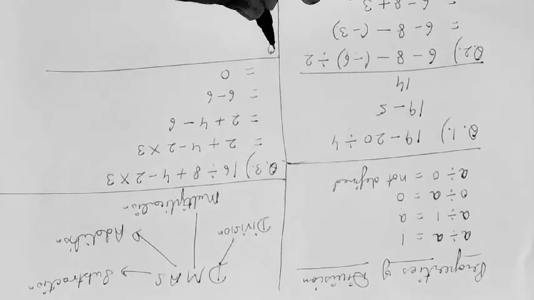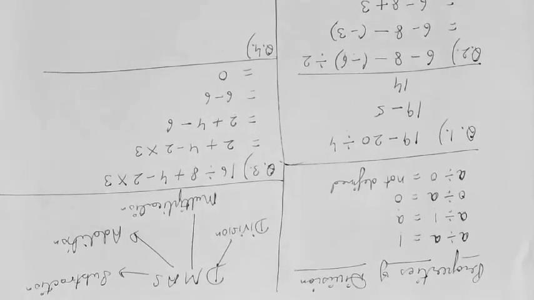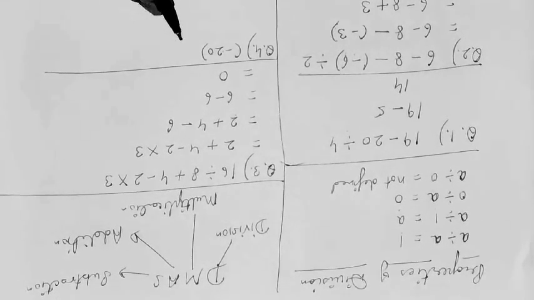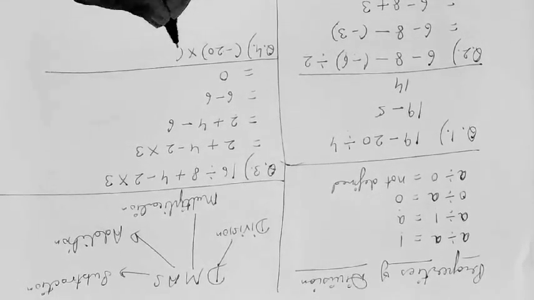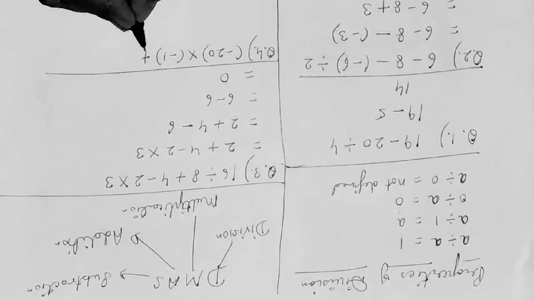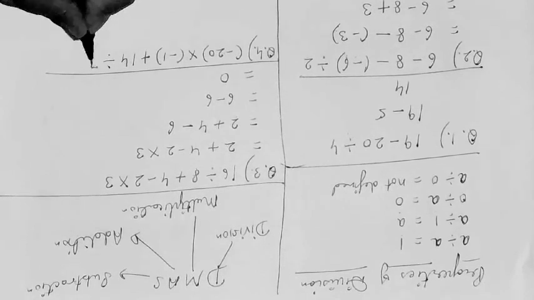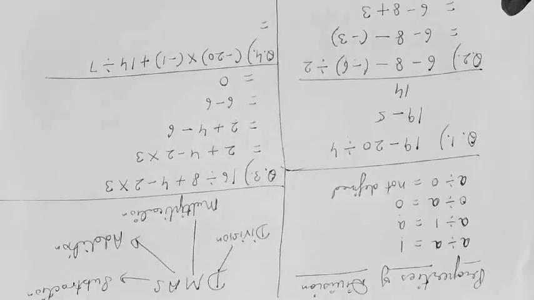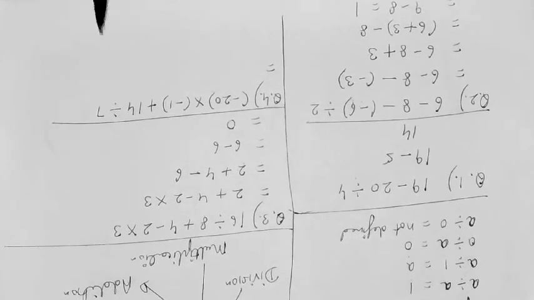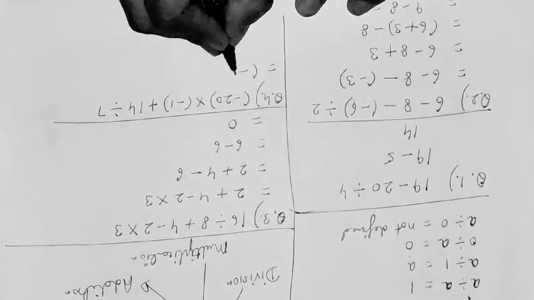Let us take one more question. Minus 20 multiplied by minus 1 plus 14 divided by 7. So again we have the division sign here. So we will start the question with division. 14 divided by 7.